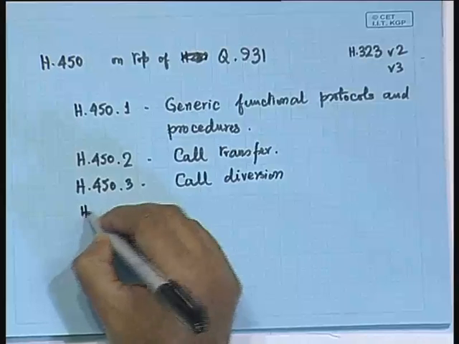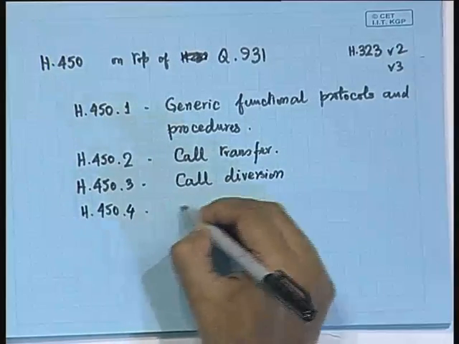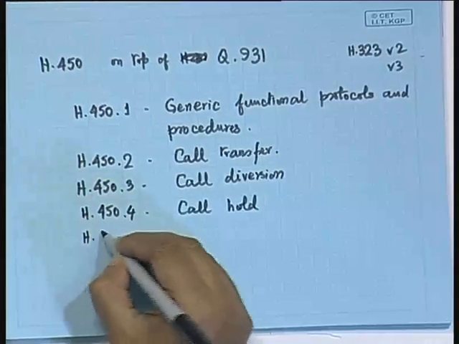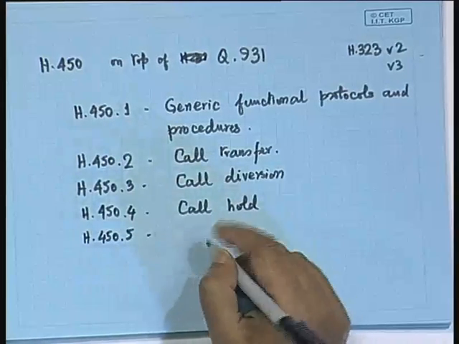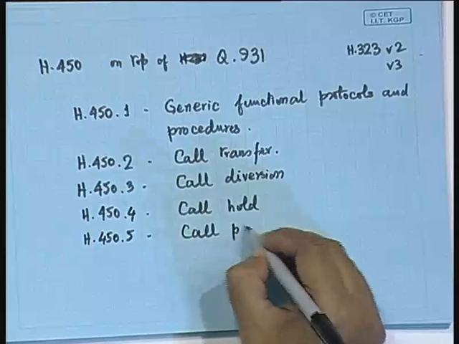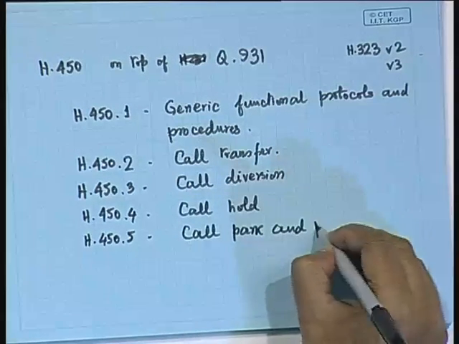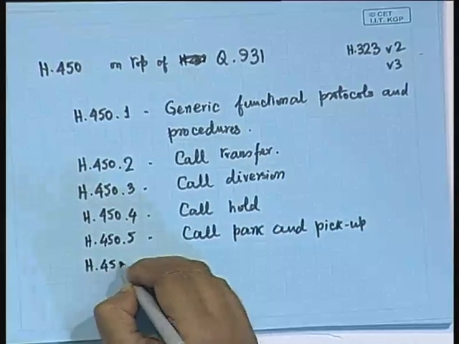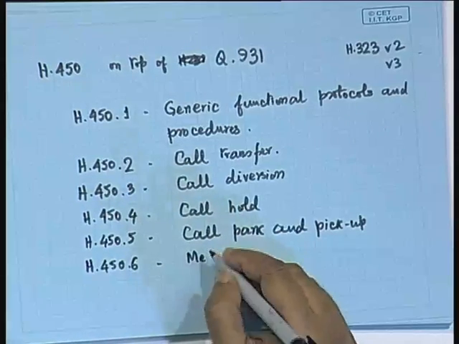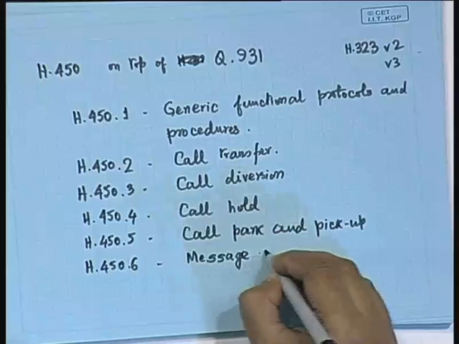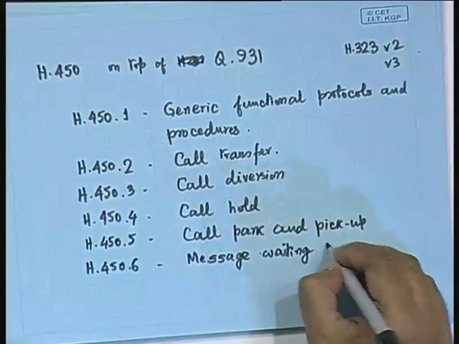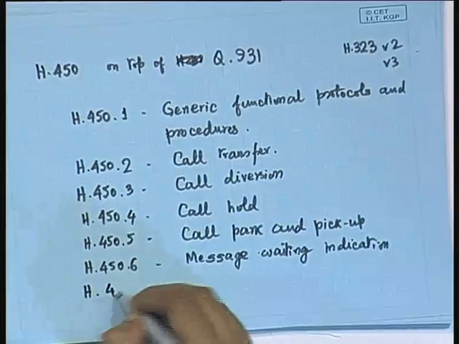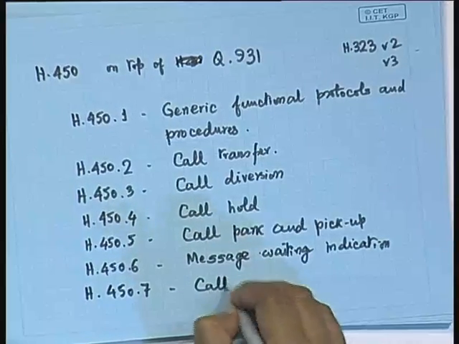Then H.450.4 refers to call holding, call hold, and then H.450.5 is call park and pick up, and then H.450.6 is message waiting indication, .7 is call waiting.